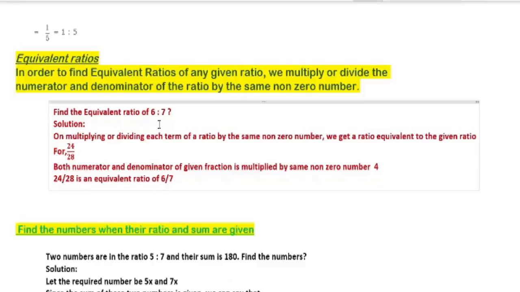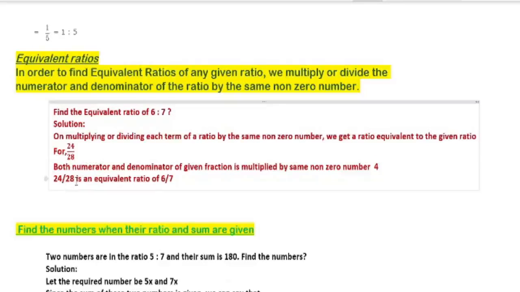Here is one example: find an equivalent ratio of 6:7. 6:7 we can write as 6 by 7. We can multiply the numerator and denominator by any number other than 0, so we get a ratio equivalent to the given ratio. Here 24 by 28 means we multiplied the numerator and denominator by 4: 4 into 6 is 24, 4 into 7 is 28.